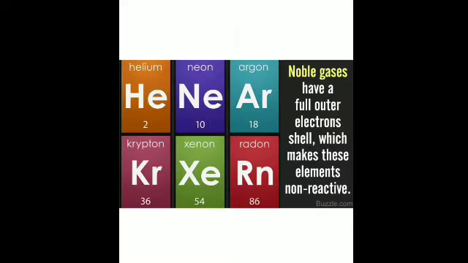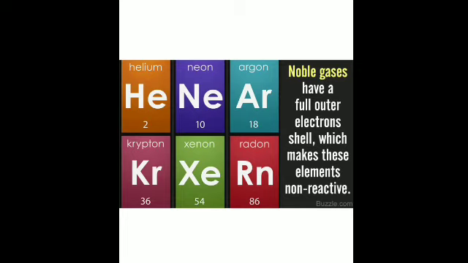So what about certain elements that do not react with other elements to form compounds? They are called inert gases. There are certain elements like helium, neon, argon, krypton, xenon and radon.